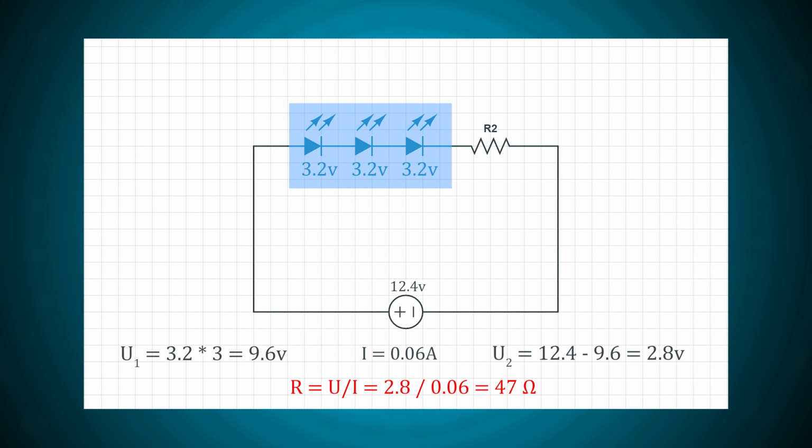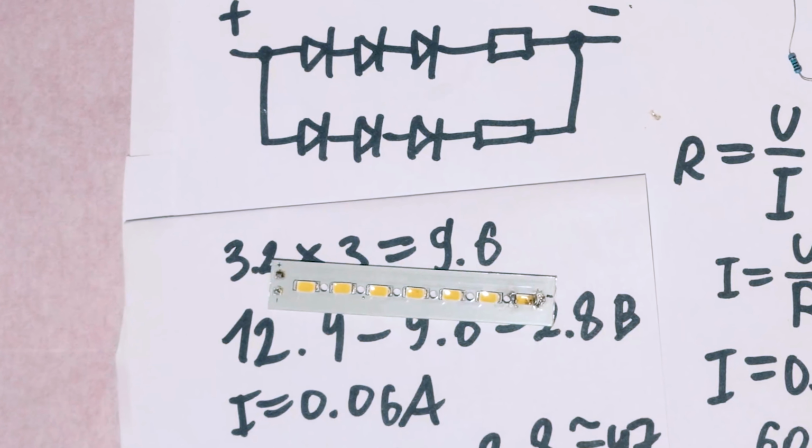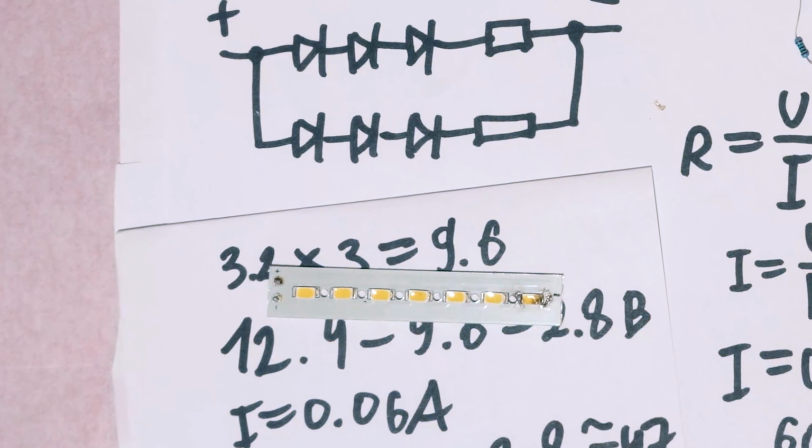And now we just add another parallel circuit here. These two circuits will be fed the same voltage, but the current, as was noted above, will be slightly different. And we also use identical resistors because circuits are identical. To perform this connection, we're gonna need to make some modifications to the PCB.